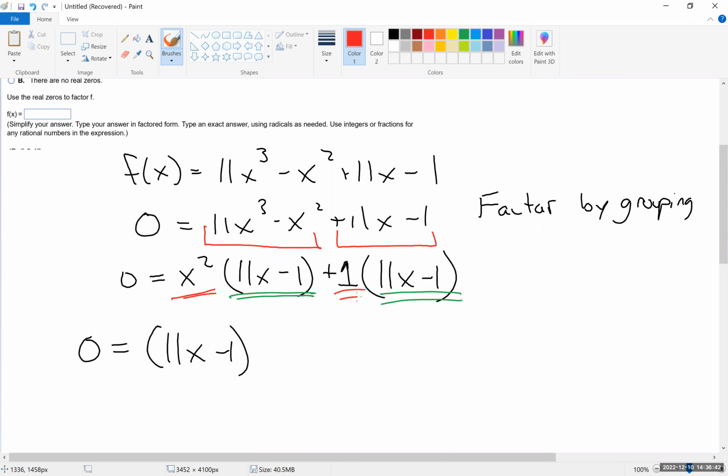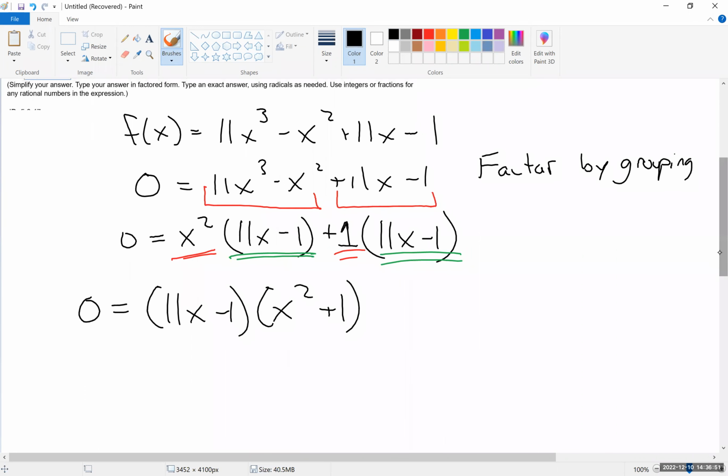What we're left with is an x squared plus 1. Okay, and then we set each one of these equal to 0. So either 11x minus 1 equals 0 or x squared plus 1 equals 0. After we factor it, we set each factor equal to 0.